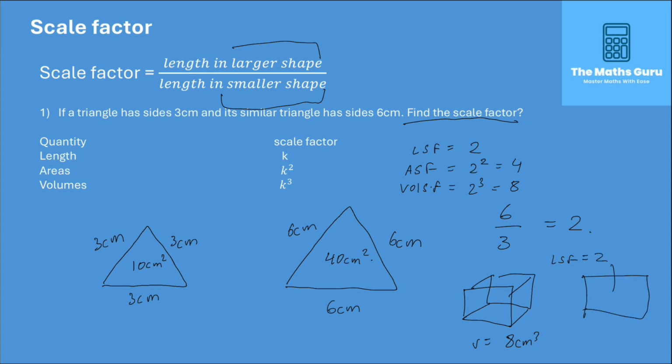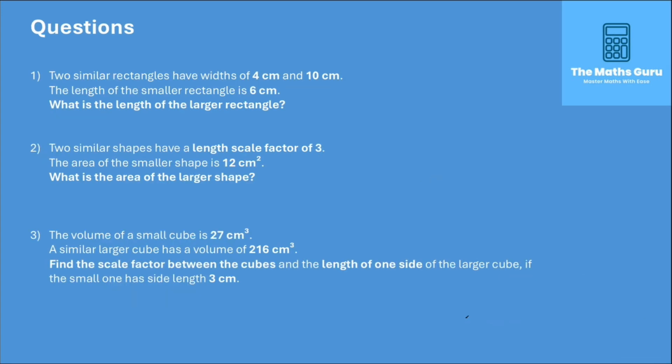This means that the larger cuboid will have a volume of 8 times by 2 cubed, which is going to give 64 centimeters cubed. So that is how we work out our similar shapes, ratios, and scale factors.